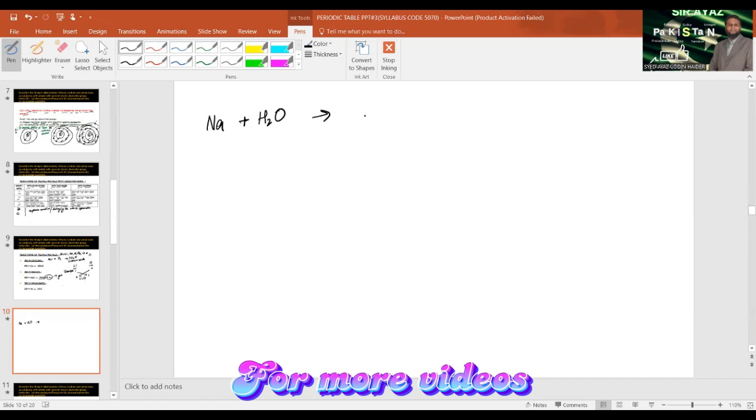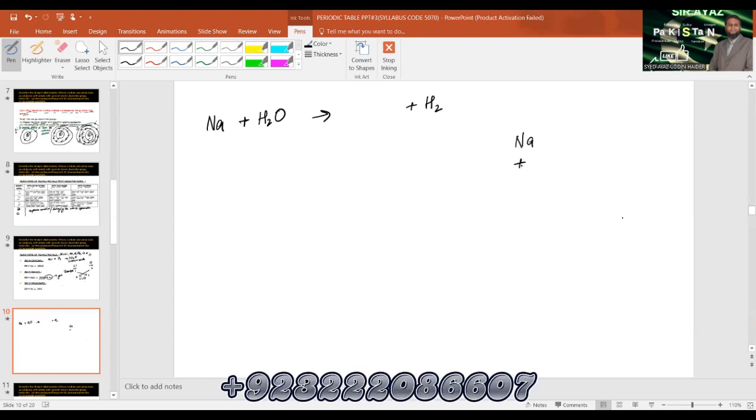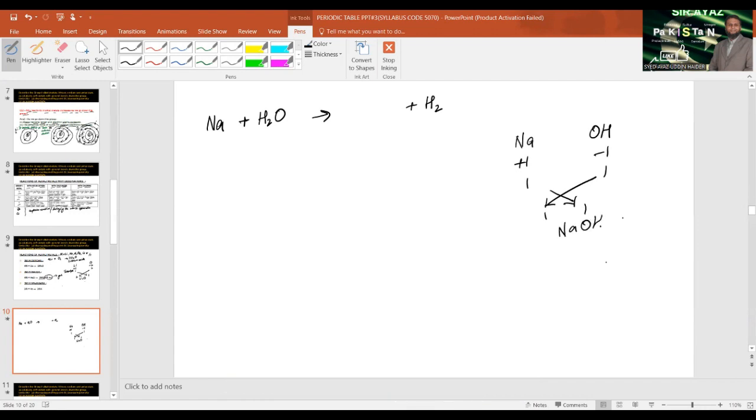You will get metal hydroxide and hydrogen gas. What will be the formula of the metal hydroxide? Sodium belongs to group 1, so again the valency is +1. What about the charge on the hydroxide ion? The formula of the hydroxide ion is OH. It carries a -1 charge. Ignore the charges. Now these subscripts will be exchanged. So it's very simple. You will get NaOH, sodium hydroxide.